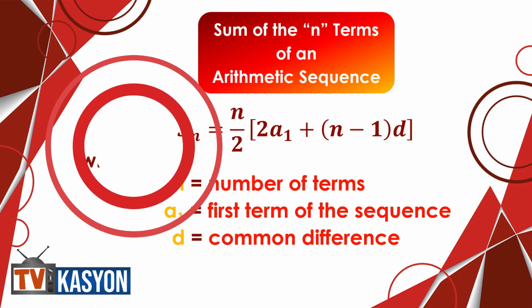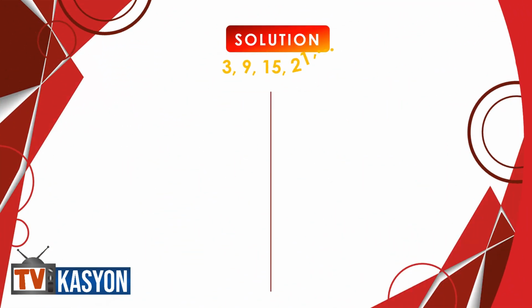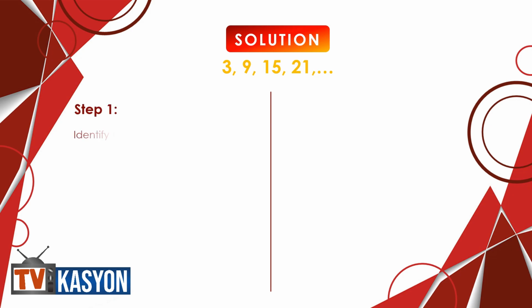For example, find the sum of the 10 terms of the arithmetic sequence 3, 9, 15, 21. To easily do this, we will go through this two-step guide. Step 1. Identify the values of n, a sub 1, and d.